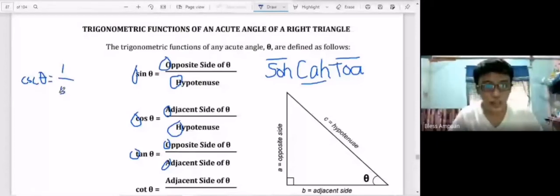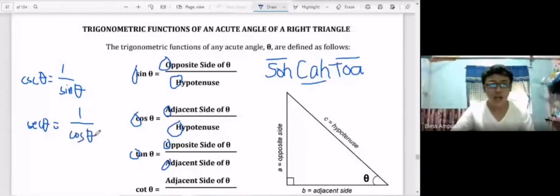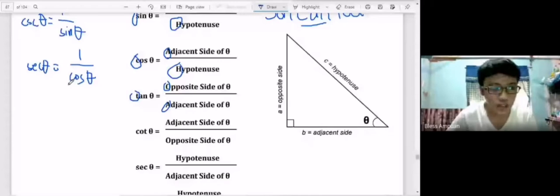And then the secant theta is the reciprocal of cosine, or 1 over cosine theta. And then the cotangent theta is the reciprocal of tangent, or 1 over tangent.